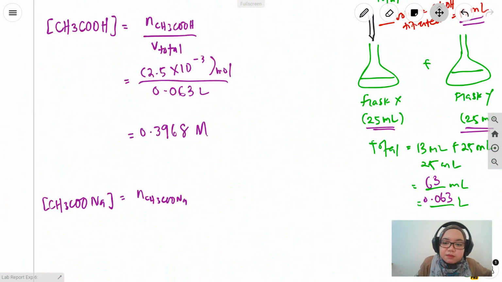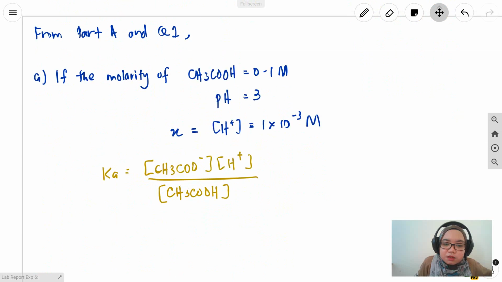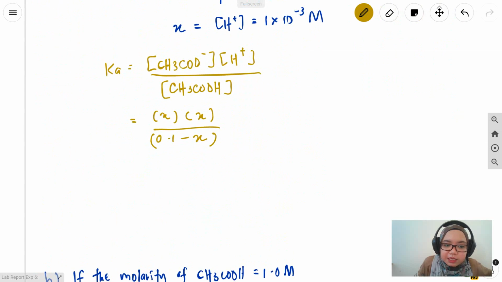Okay. So, this one, we got this one. Then we substitute lah the value kan. So, the value of X is 1 times 10 to the power of negative 3.